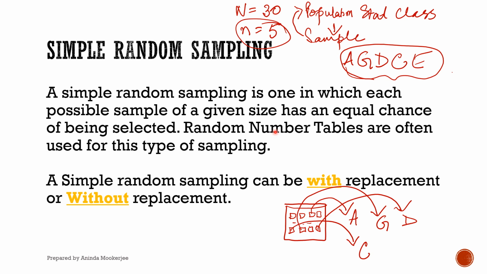Mathematicians had tables from where they would pick random numbers and use them for their sampling. However, nowadays we use technology. Random number generators are available on your laptops, on your computers, whatever you use. Any statistical package offers a random number generator. There are many apps these days you can download which will give you a random number generator.